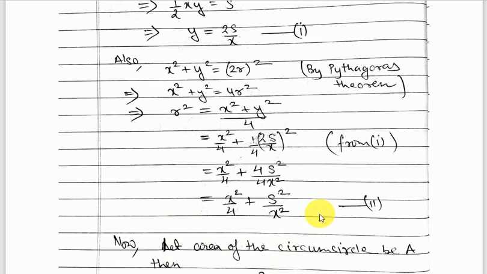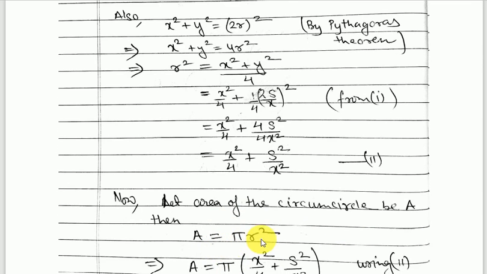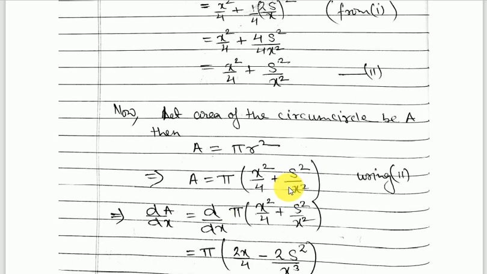Now let the area of the circumcircle be A, then A equals pi r square. In place of r square I can write x square upon 4 plus S square upon x square. So replace it, and you get the expression for area in terms of x and S, the given fixed area.